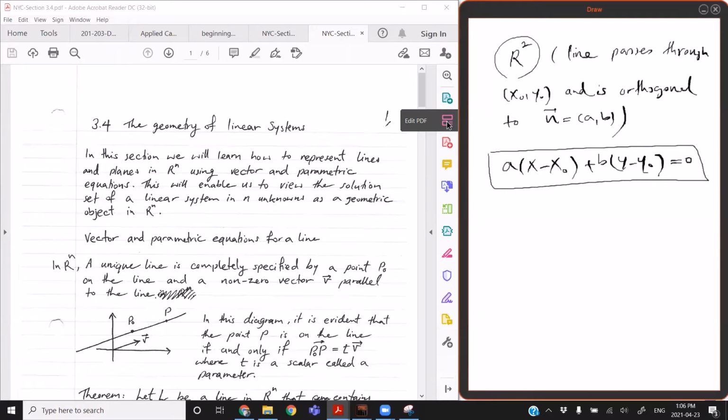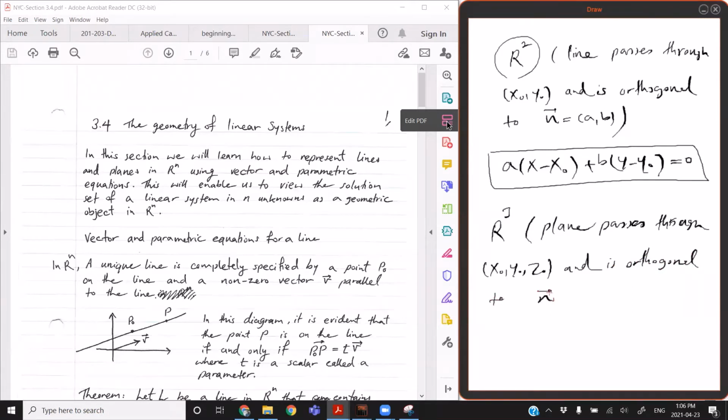We also learned that in R3, if you have a plane that passes through, let's say, the point (x0, y0, z0), and is orthogonal to the normal vector (a, b, c), we figured out a point normal equation for that.